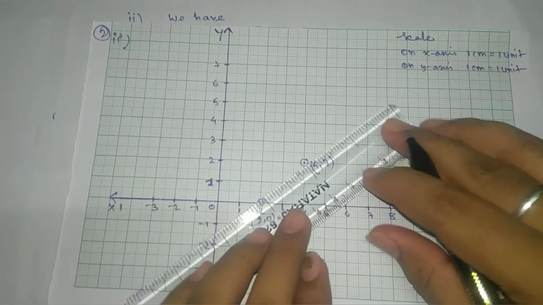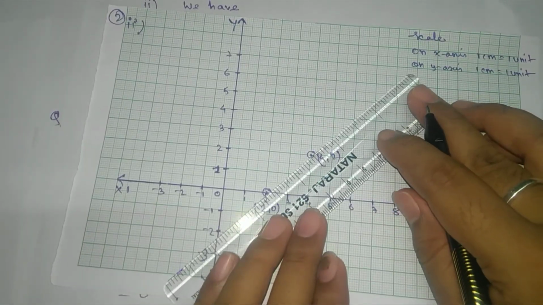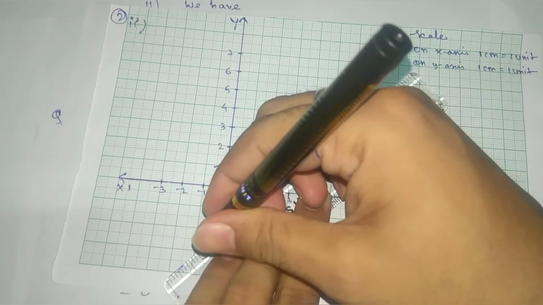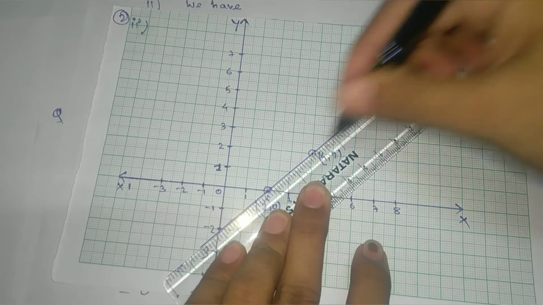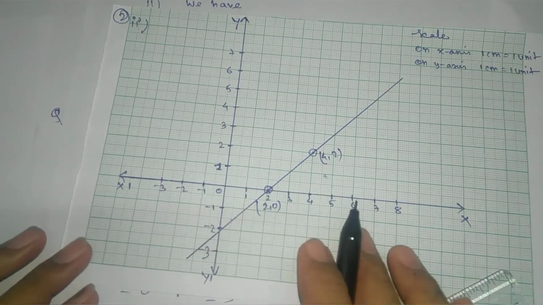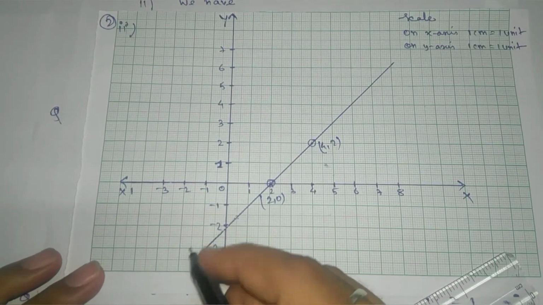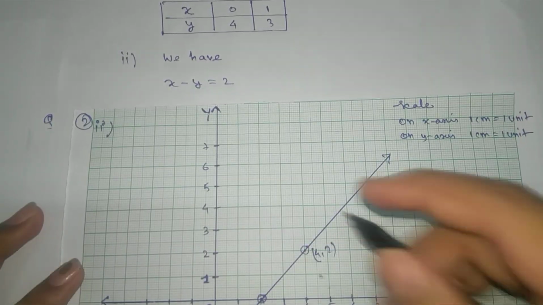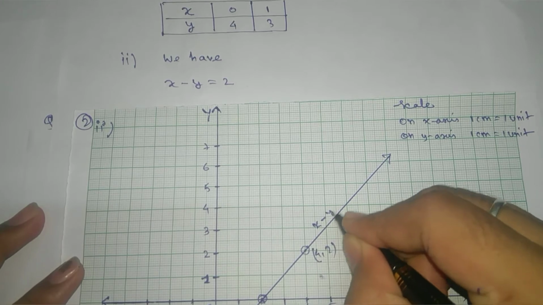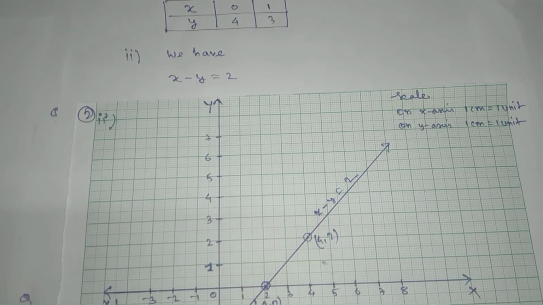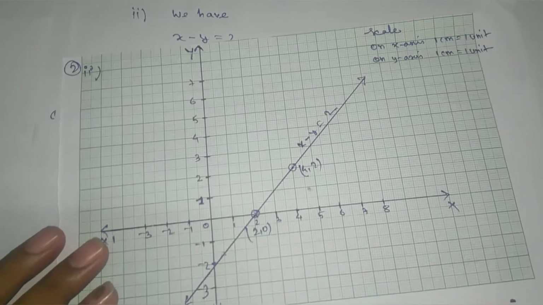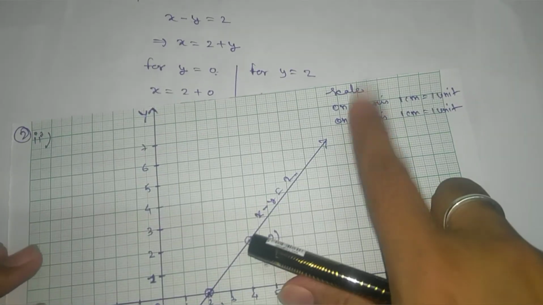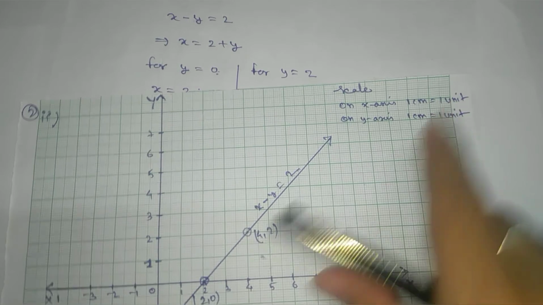Adjust the points here and draw the straight line. You can cross the boundary also. It's not a hard and fast rule that you need to stop here, because this is a line. It will never end, remember. And then write the equation: x minus y equals 2. This is the correct presentation of this equation. And remember, you can see the scale I have taken here is 1 centimeter to 1 unit.